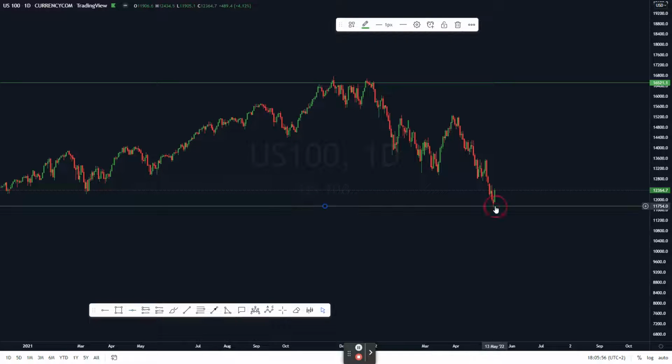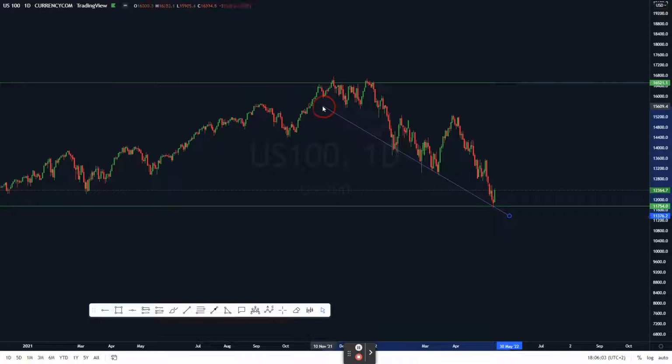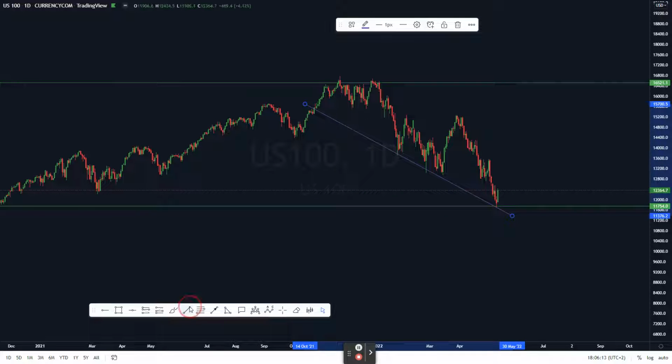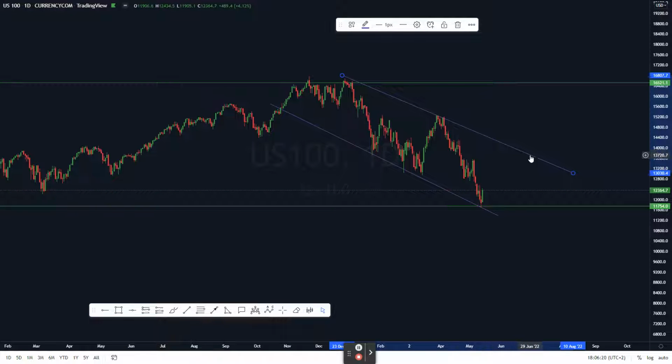Find the top, find the bottom, draw your trend lines. Look how easy it is. Then you see you can have your first touch, second touch. This is your third touch. And looking at them, this one here, we're expecting a third touch there, right here.